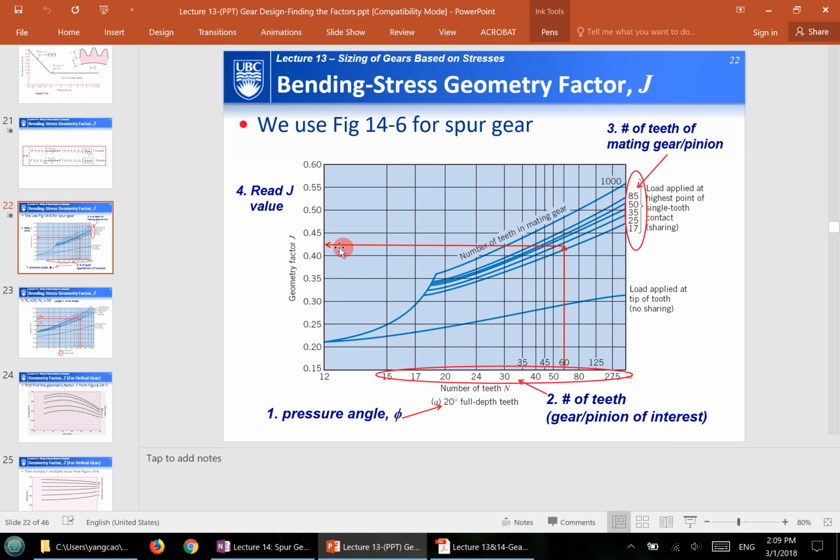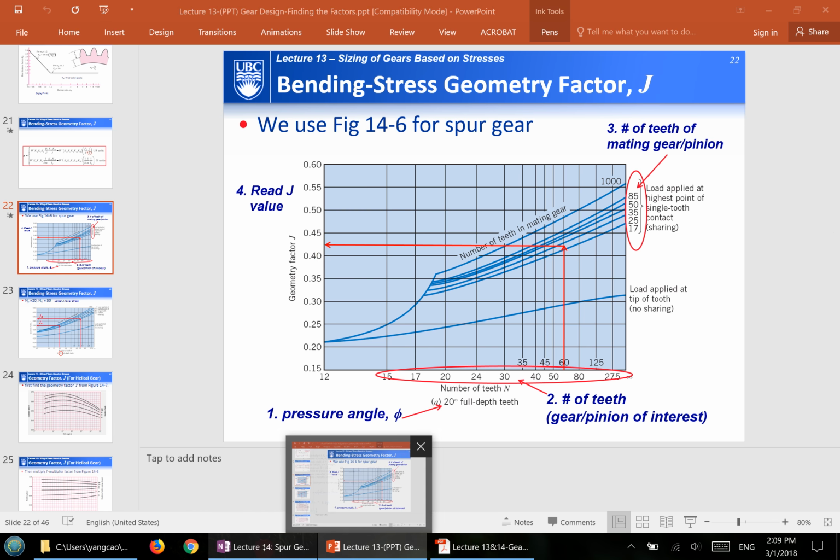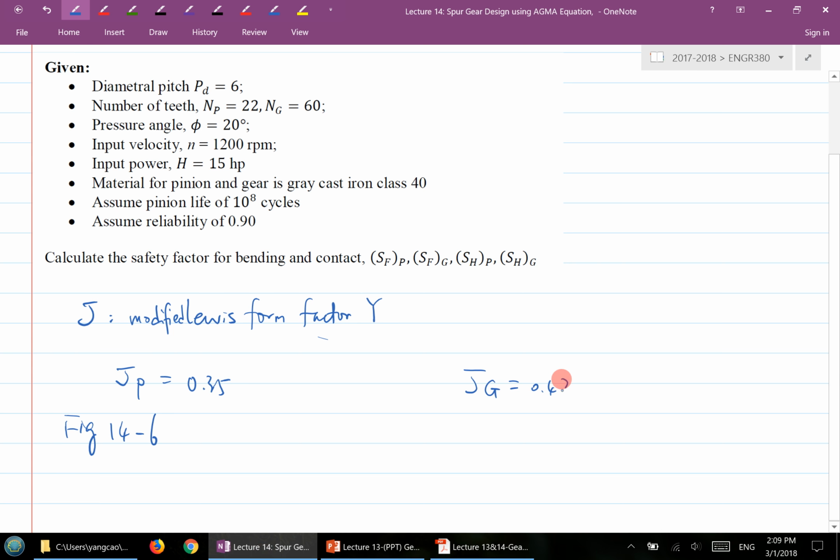Then you go all the way to the left, and that gives you a value between 0.4 and 0.45. This is approximately below the middle of the line here, so I would use 0.42 for the JG. So that's the geometry form factor J for the pinion and the gear.